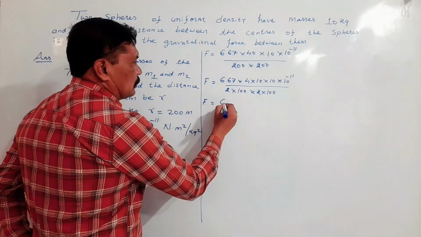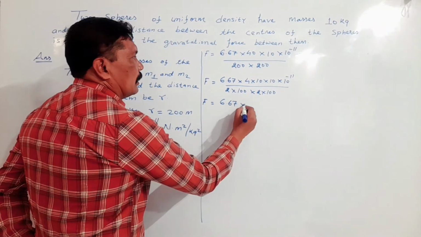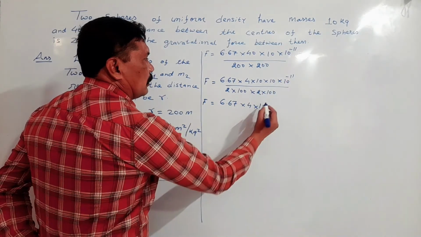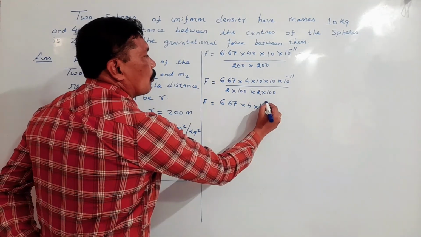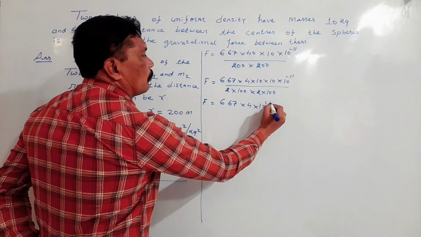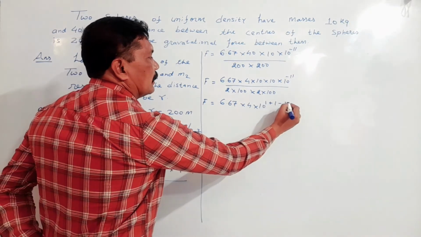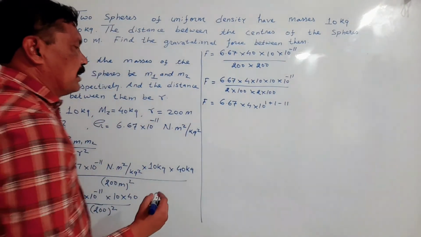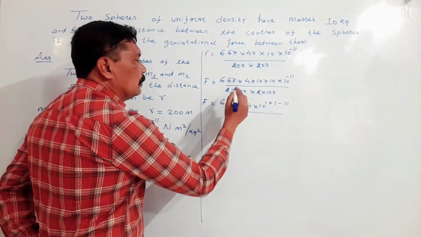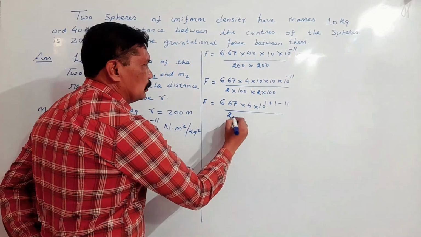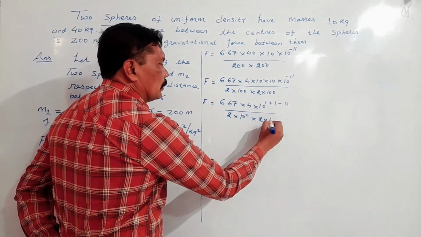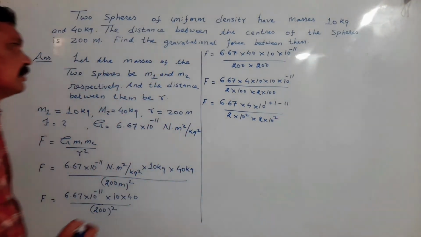So F is equal to 6.67 into 4 into 10. We can add all the powers. So 1 plus 1 minus 11 we can write. Here my dear student, 2 into 100 means 2 into 10 square into 2 into 10 square we can write.